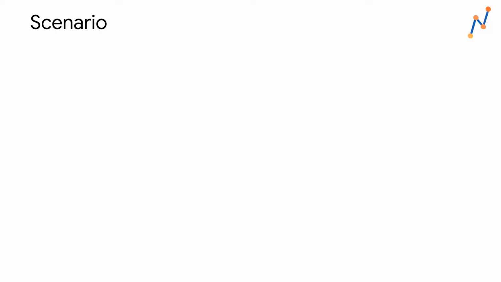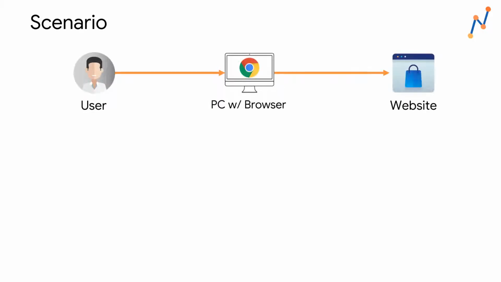So in this scenario, a user opens the website of an online shop by using his PC and typing the URL into his browser. By doing so, he, respectively the browser instance, will be assigned a client ID. If you want to know more about client ID, I'd recommend watching the video about users from this video series.